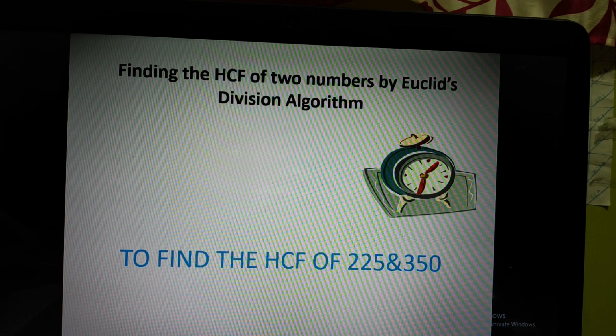When the last remainder becomes 0, at that time we will find the divisor. That last divisor which we use is known as the HCF of the two numbers. So let us see how we can find the HCF of 225 and 350 with the help of Euclid's division algorithm.